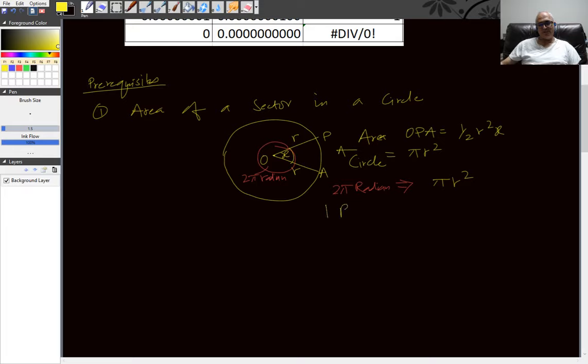So 1 radian will be equivalent to pi r square divided by 2 pi, or half r square. Pi gets cancelled. So x radian will be equivalent to half r square x. This also tells you that our proof will deal with angles in radian.